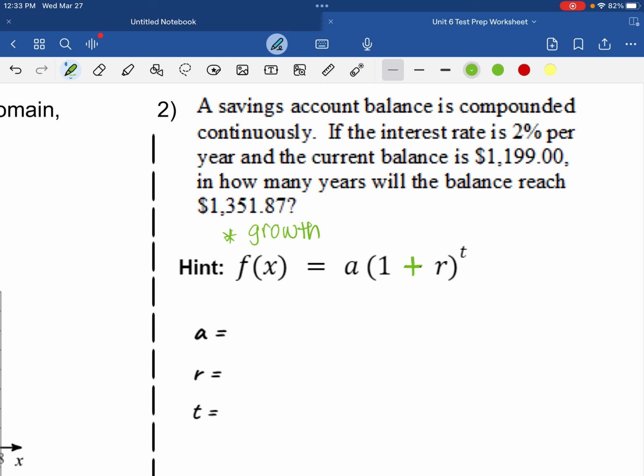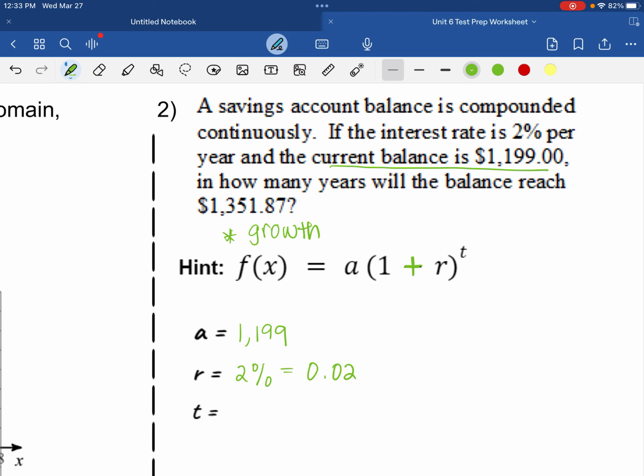Let's identify the variables based off from the problem. A is for initial value. That is going to be 1,199. R is for rate, and rate is 2%. That is equal to 0.02.